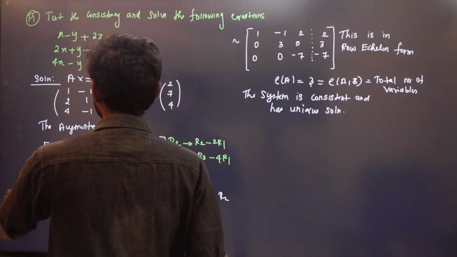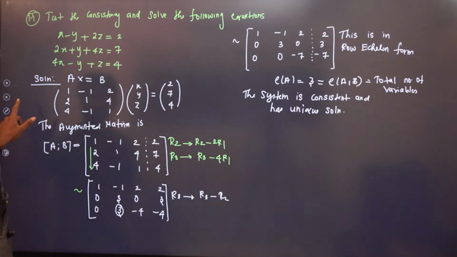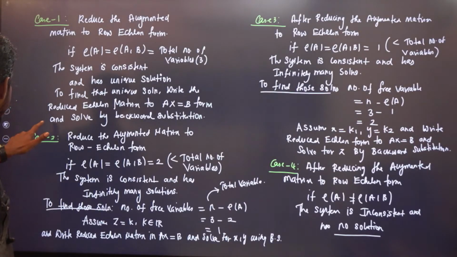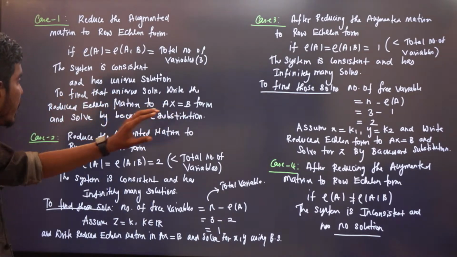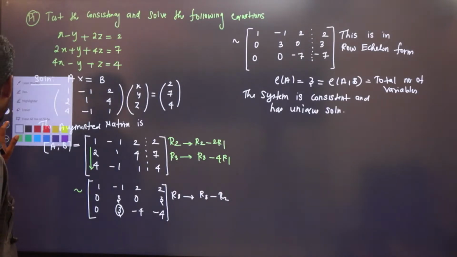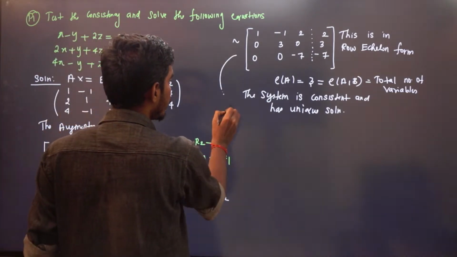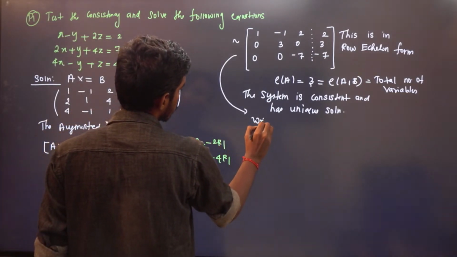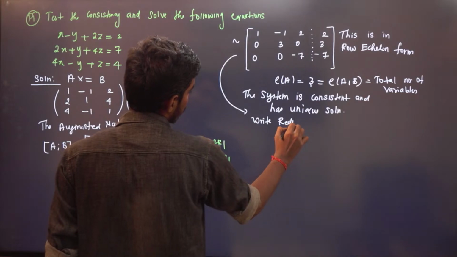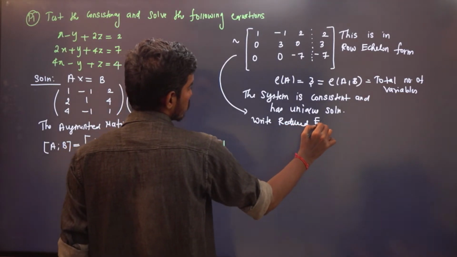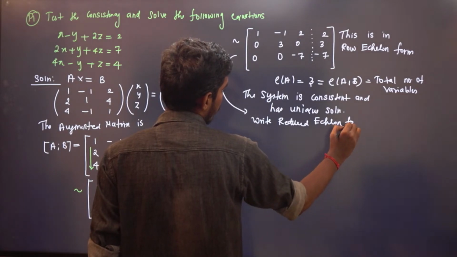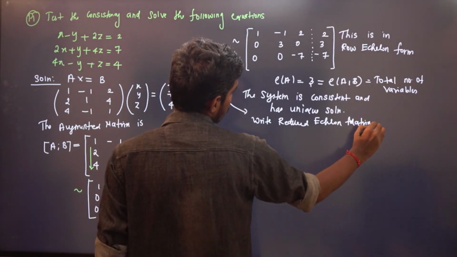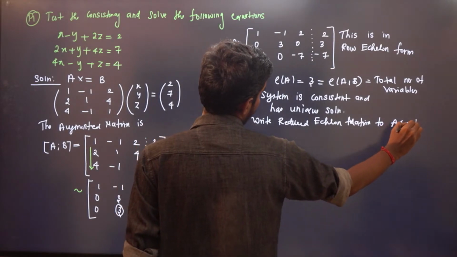To find that unique solution, write the reduced echelon matrix to Ax equal to B format.